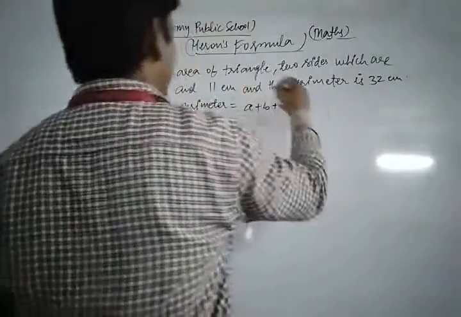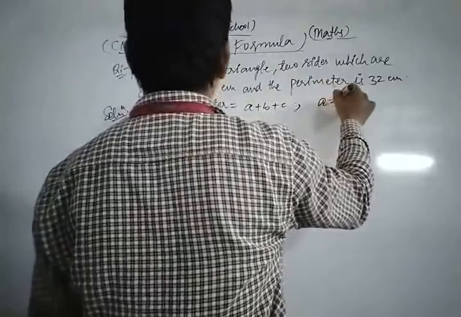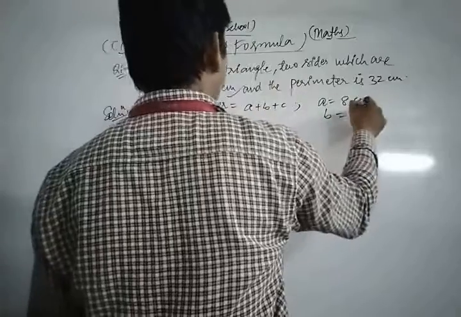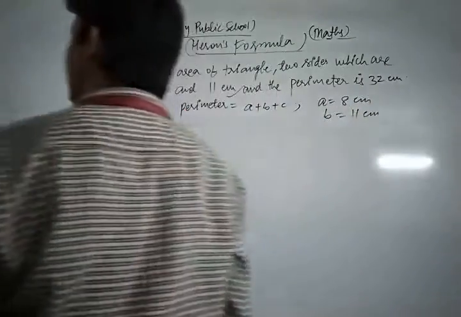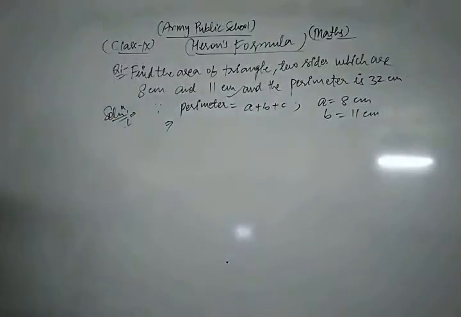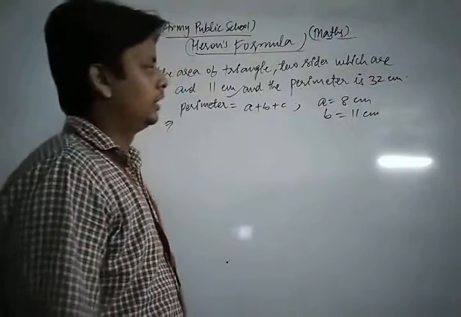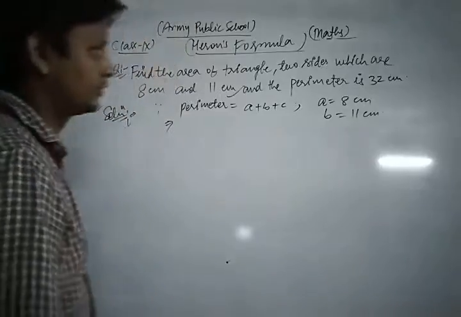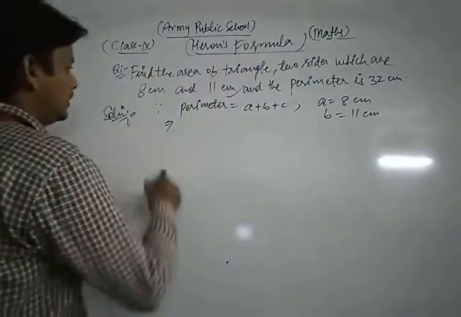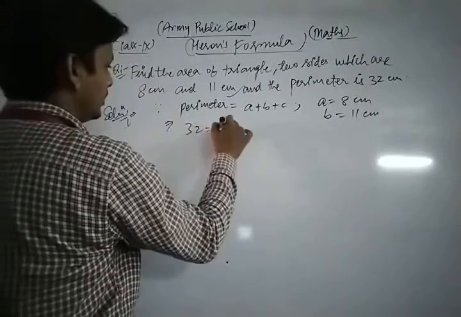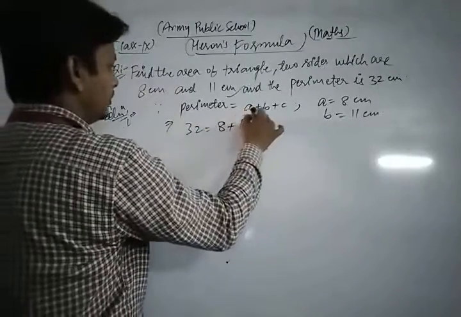We take a is equal to 8 centimeter and the other side b is equal to 11 centimeter, and the perimeter is 32, so here we put 32 is equal to a, which is 8, b, which is 11, plus c.